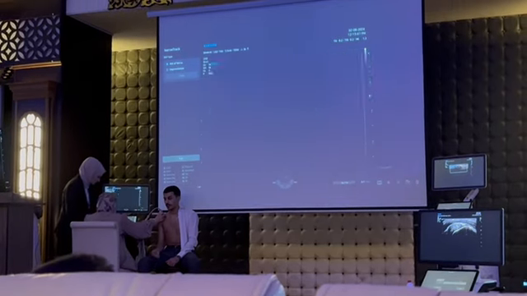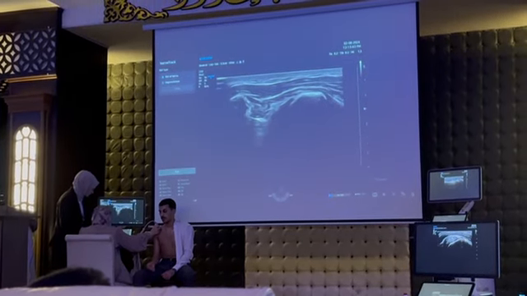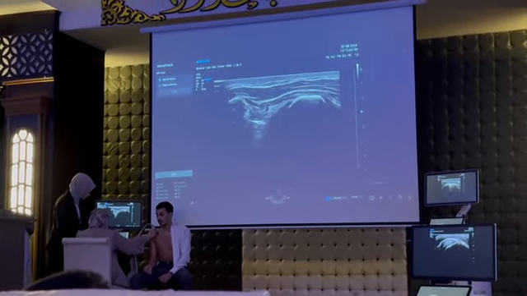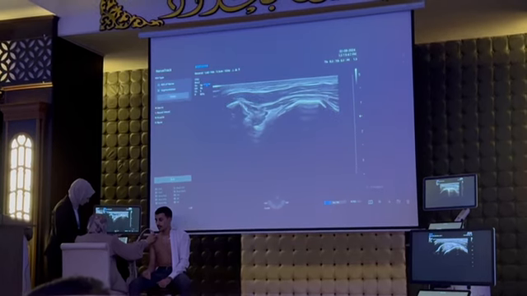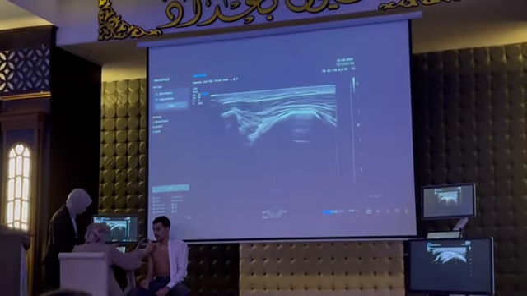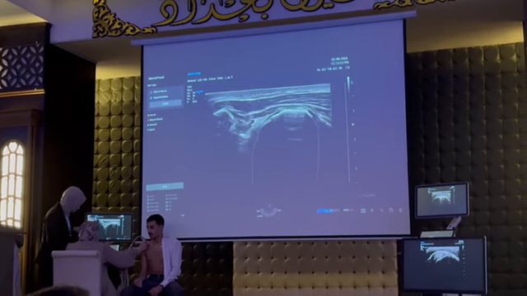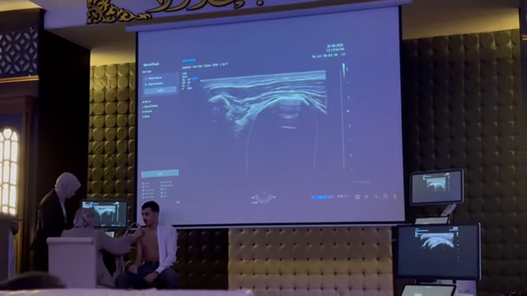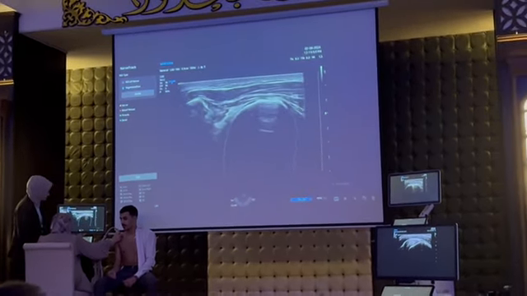So this is the medial part of the coracoclavicular ligament, which is called the conoid part. This is important. So the blue line is the bone, the green one is the muscle.